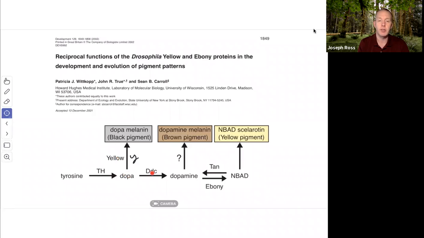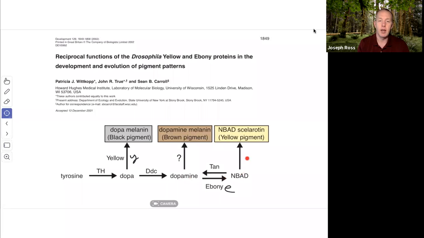DOPA can also be processed by DDC, dopa decarboxylase, I think, into dopamine. And the authors are indicating that we don't know what pathway produces a brown pigment, dopamine melanin, from dopamine, but they do know that ebony, another enzyme encoded by a gene called ebony, and we can denote ebony with a lowercase e, produces NBAD from dopamine.